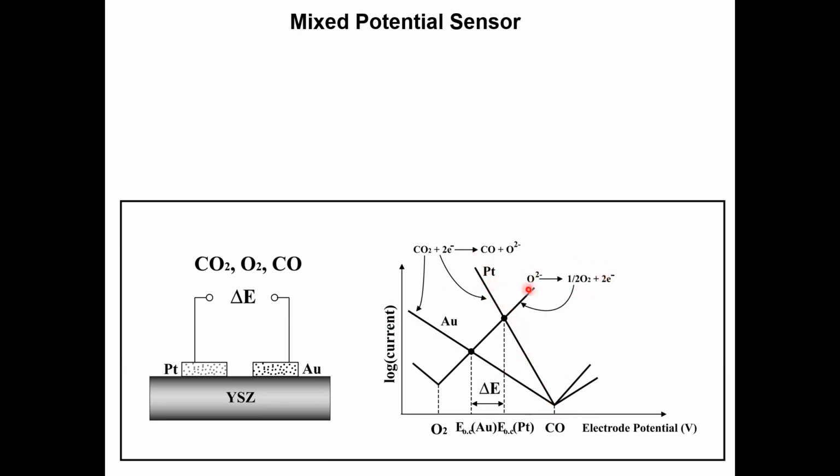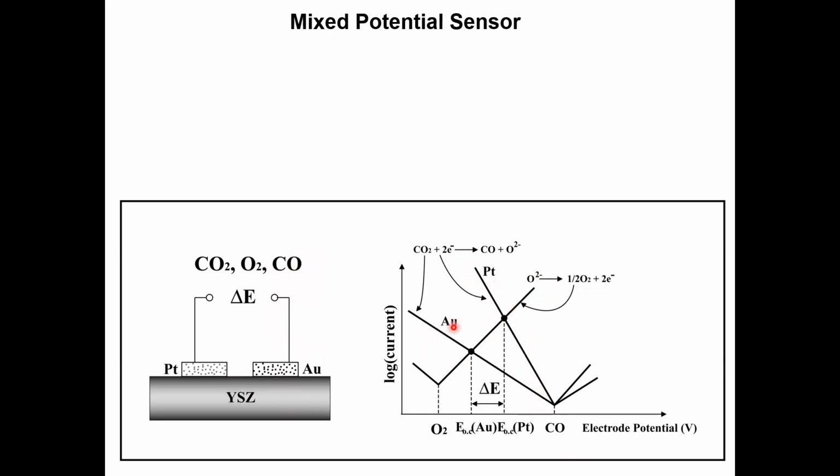But the oxygen reduction reaction on both electrodes is very similar. So the oxygen reduction reaction on both gold and platinum will generate this current, generated from the oxygen reduction reaction, generating electrons. But the idea is that on these two electrodes, the CO oxidation rate is different.